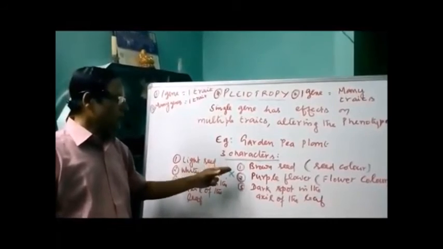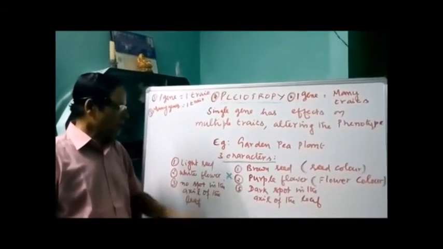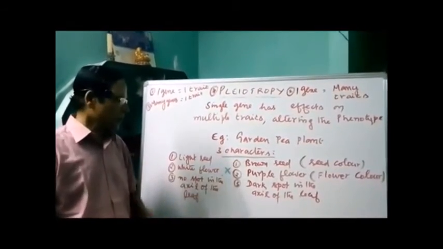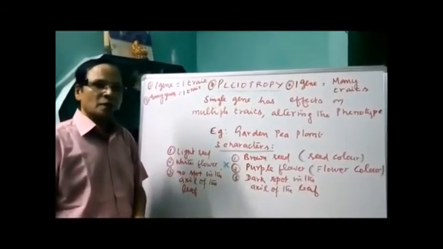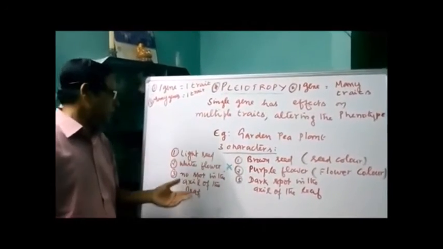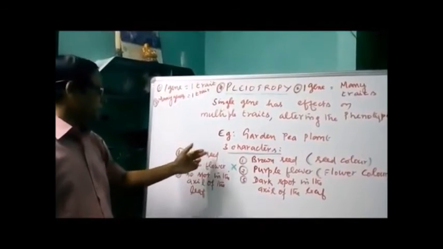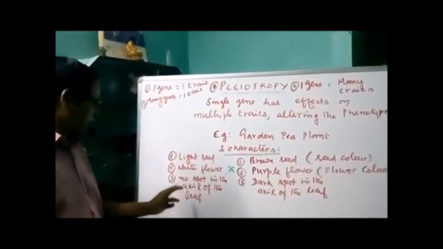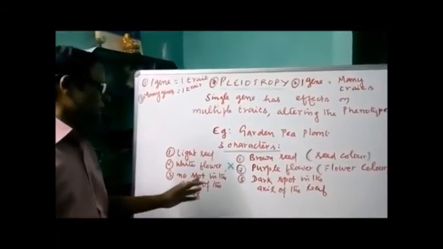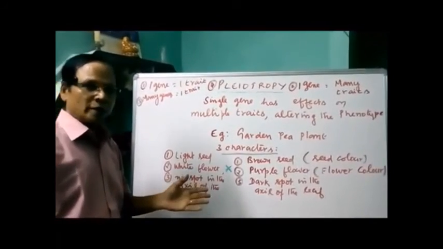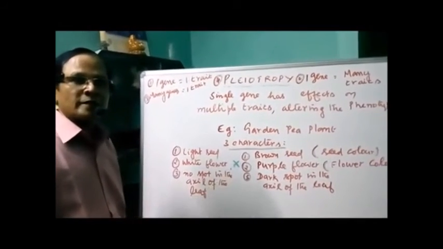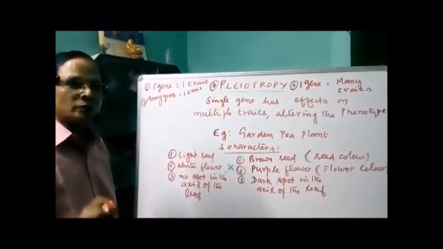He took one plant variety with brown seed, purple flower, and a dark spot, and crossed it with a variety of pea having light seed, white flower, and no spot in the axil of the leaf. These three characters are inherited together as a single unit.